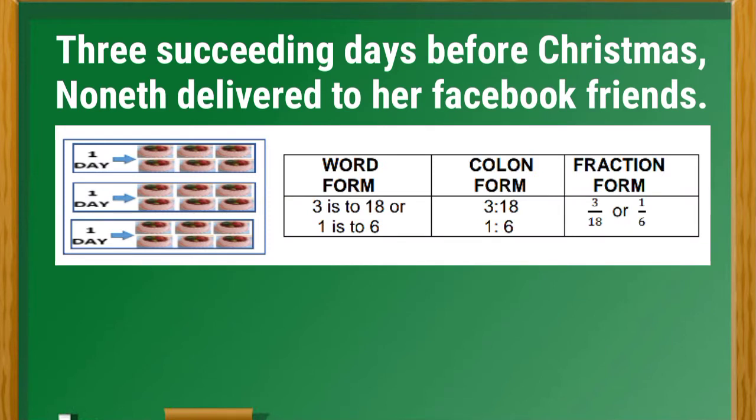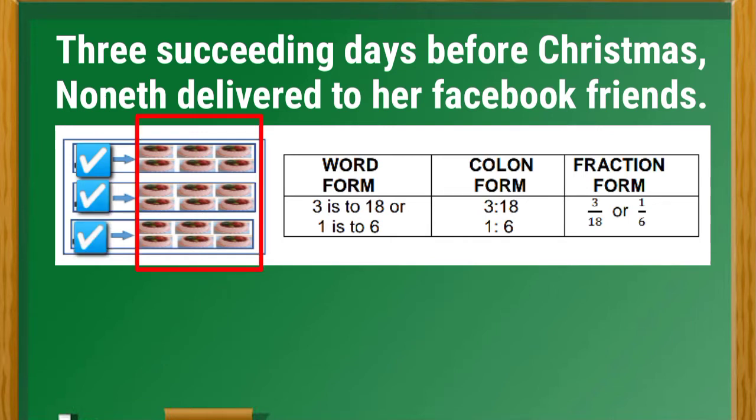3 succeeding days before Christmas, Nuneth delivered to her Facebook friends. I want you to look at the table. Each day, Nuneth is able to deliver 6 cakes. So in day 1, Nuneth delivers 6 cakes and the same number of cakes in day 2 and also in day 3.